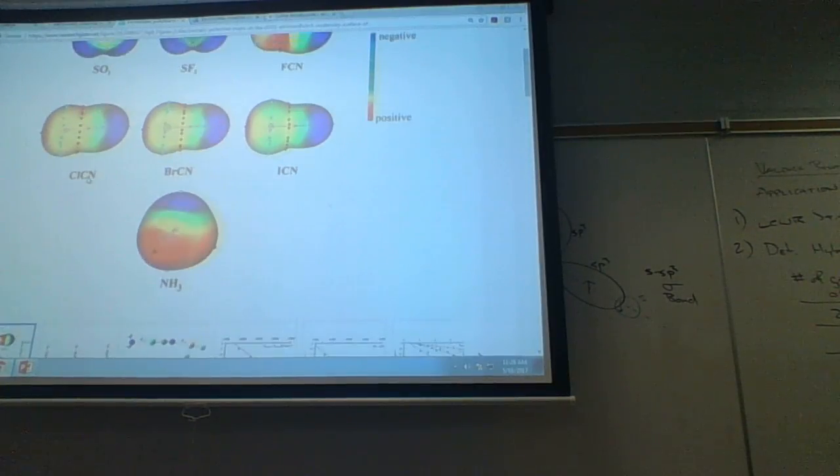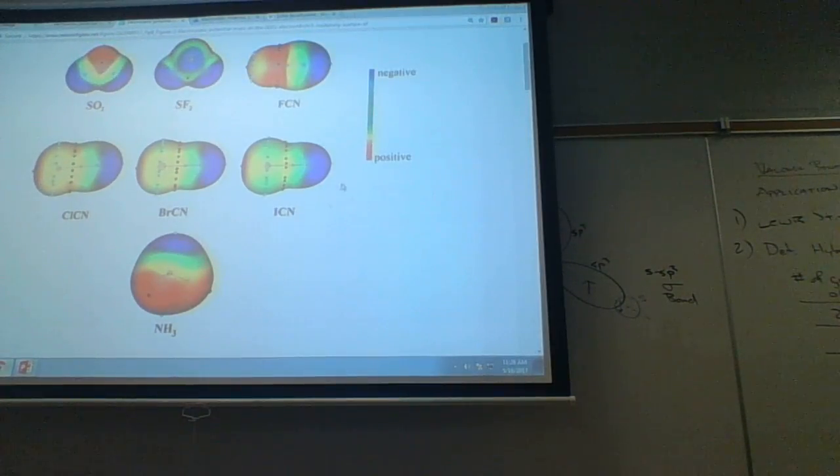It's obvious they switched the map because take a look at ammonia. The hydrogens are red and the nitrogen is blue, which is wrong because the nitrogen should be sucking the electron cloud towards it and be red, and the hydrogen should be blue.